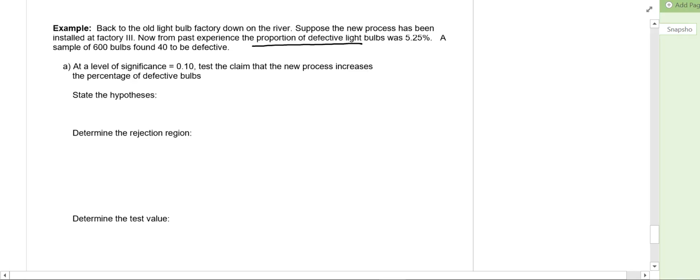But once again, the null hypothesis is always the status quo. For our problem here, the proportion of defects is still at 0.0525. The alternative, somebody is claiming that the new process actually increases the proportion of defective light bulbs, right?